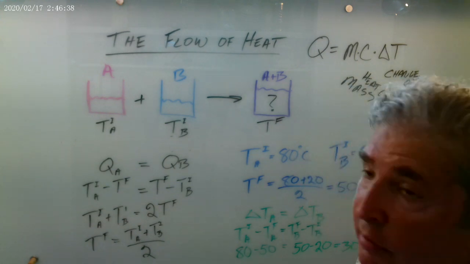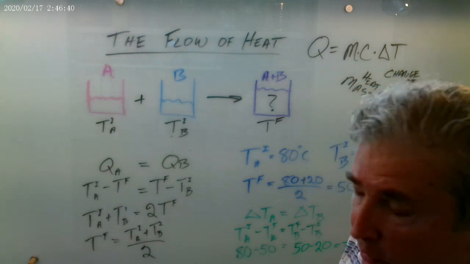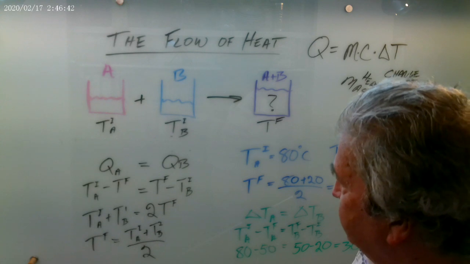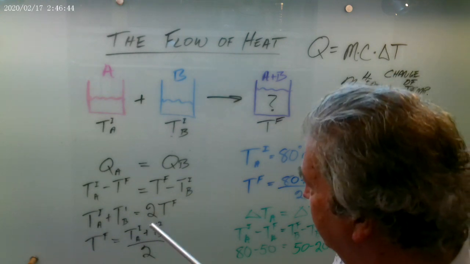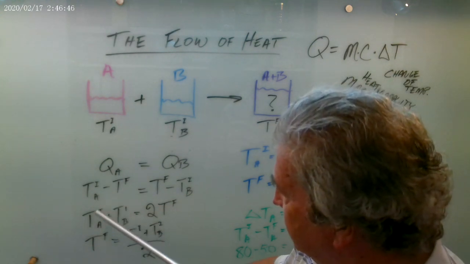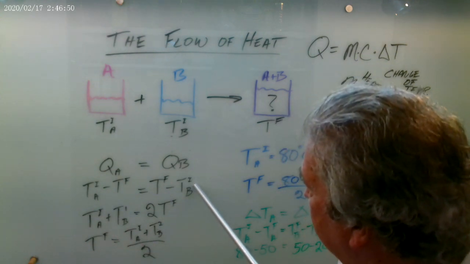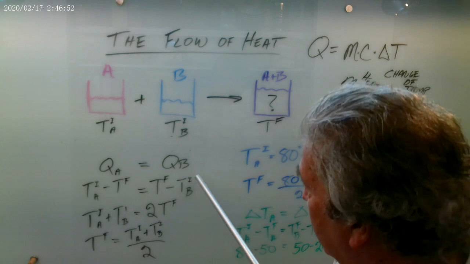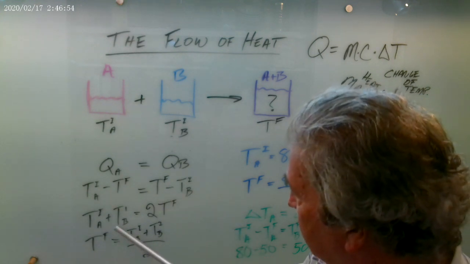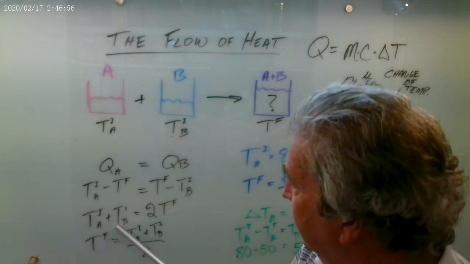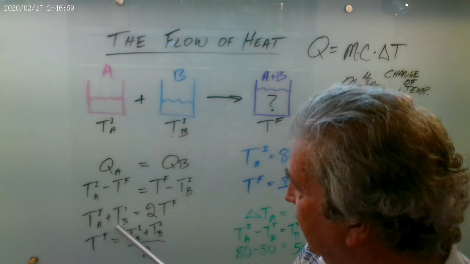Now, let's do a little algebra to work this out. If we keep the initial temperature of A here, and we add the initial temperature of B to both sides, this cancels out, and we get the initial temperature of B over here.